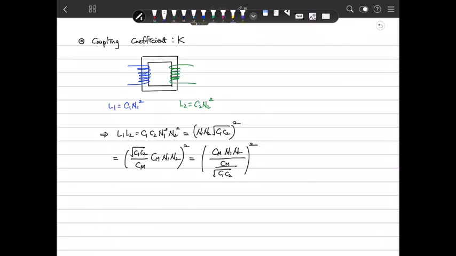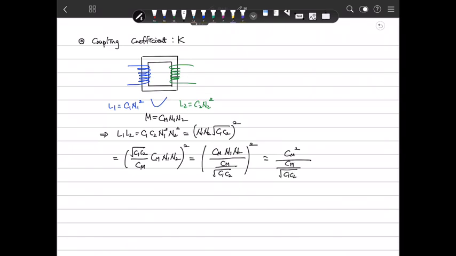And we already know that we define the coupling coefficient Cm. We define M as Cm N1 N2. We define it in this manner. So that will be Cm squared.